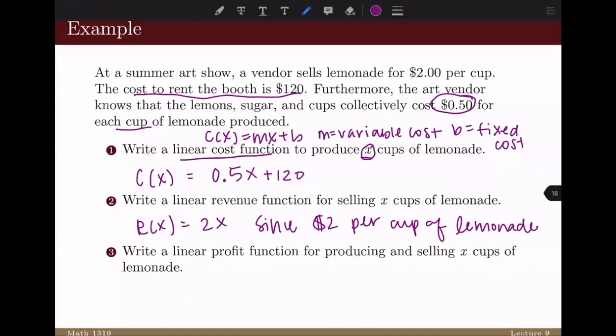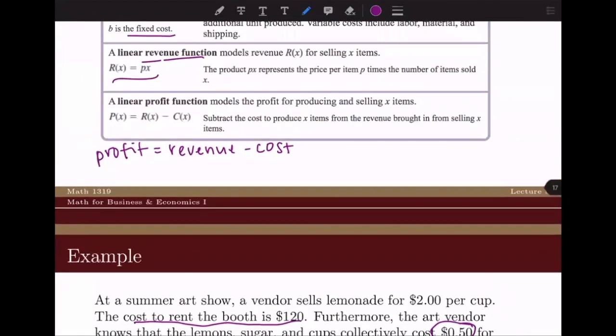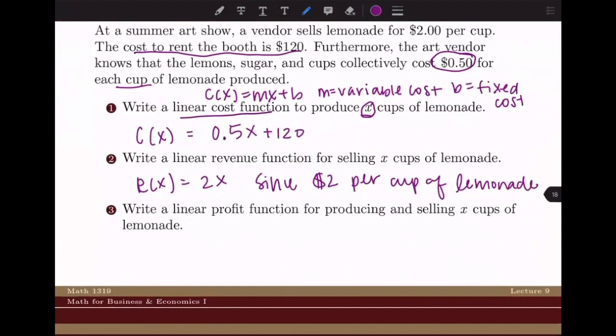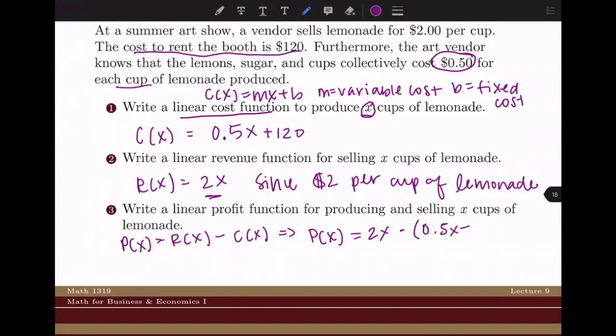Third, write a linear profit function for producing and selling x cups of lemonade. Now remember, if we scroll back up here, linear profit is P of x equals R of x minus C of x. So we'll have P of x equals 2x, which is R of x, minus parentheses 0.5x plus 120.